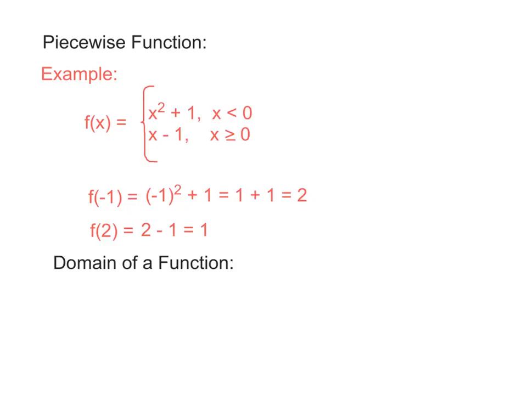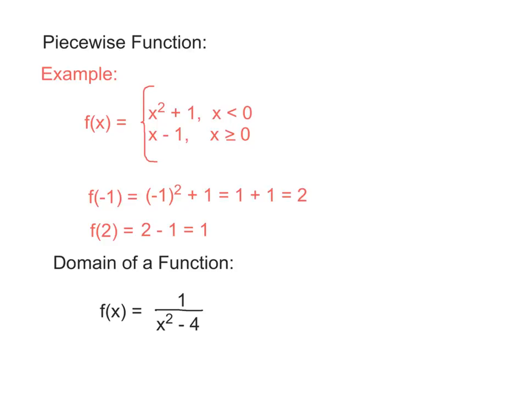So let's now discuss a little bit more about the domain of a function. Now, the implied domain of any function is all real numbers for which the expression is defined. So in our previous example, basically all real numbers were the domain of that function. Now, what if we had a different function? Now we have f of x is equal to 1 over x squared minus 4.